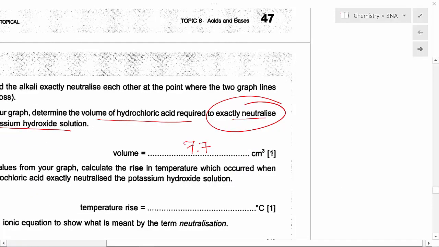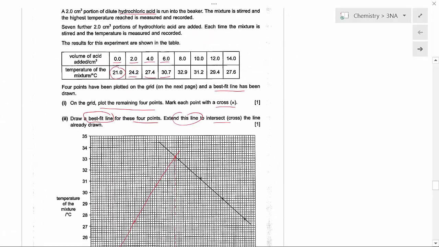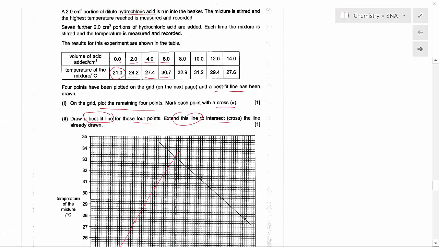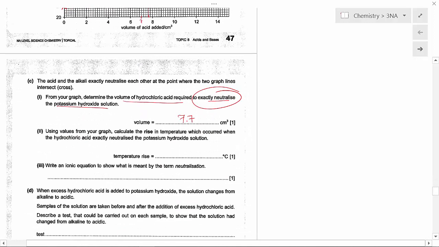Let's see how many decimals they read. It's 1 decimal in this case, 7.7 cm³.